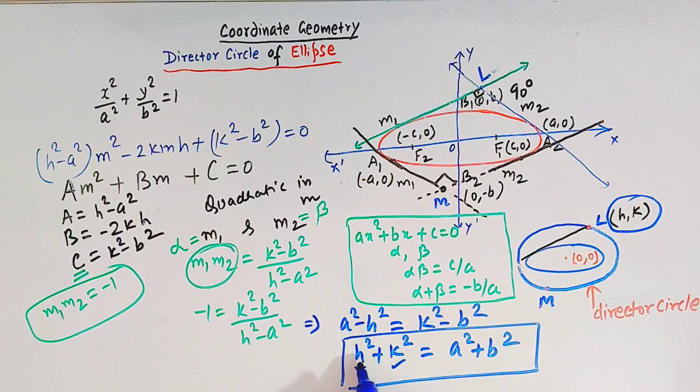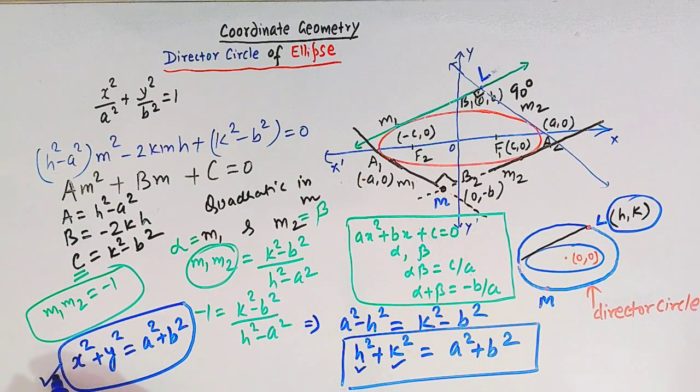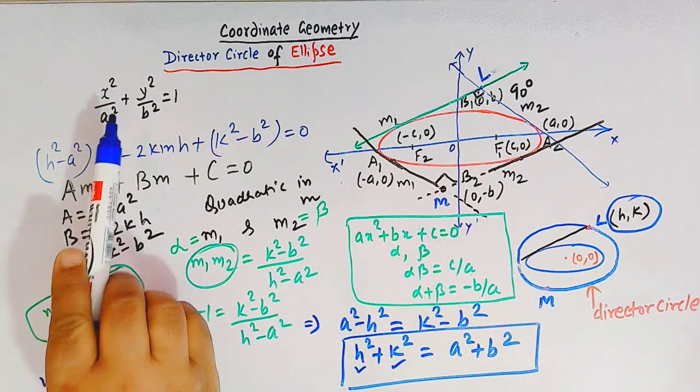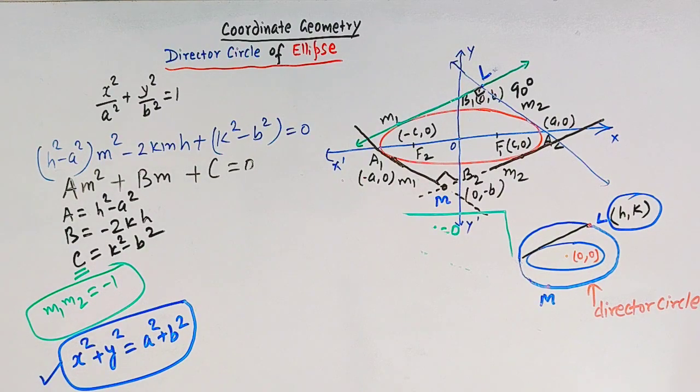So replacing h by x and k by y, we get the equation x square plus y square is equal to a square plus b square. So the equation of the director circle of this ellipse is given by this equation. Viewers, this is how we can derive the equation of the director circle of an ellipse.